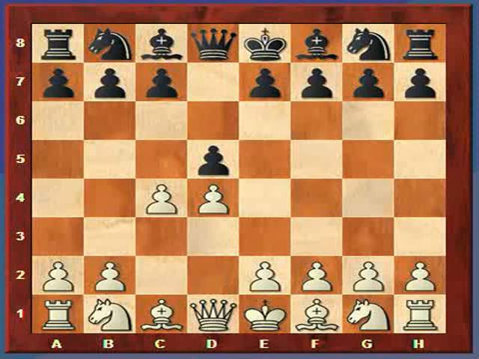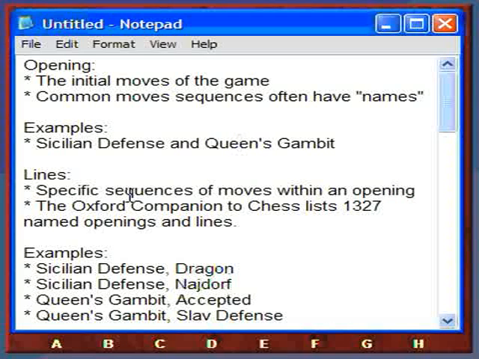Now, to get more specific, from these initial opening moves, like the Sicilian defense, there are other specific sequences of moves within an opening. In the Oxford Companion to Chess, there are about 1,300 named openings and lines. So what do I mean by lines?